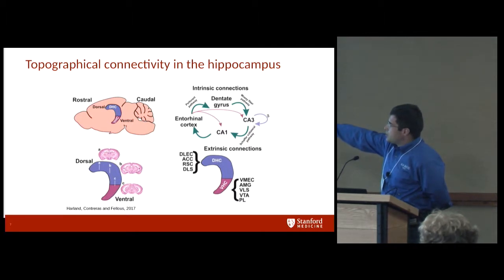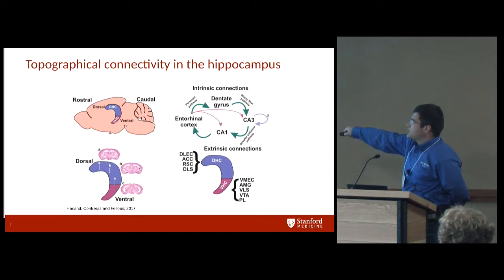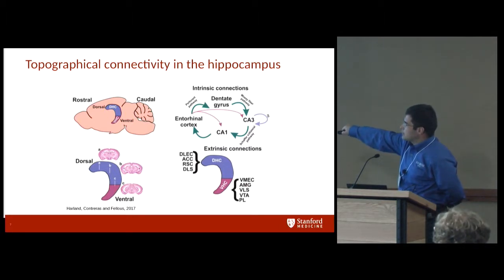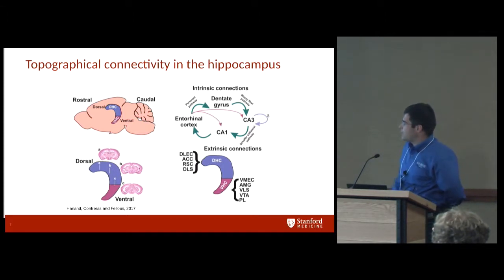But what's interesting is that the hippocampus has this approximate banana shape, and so we call this the long axis and this the short axis. As we move along the long axis, there are projections coming from all these cortical and subcortical regions, and different regions can also output to a diverse set of target regions.